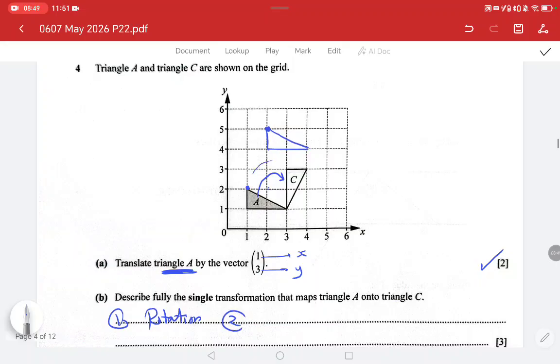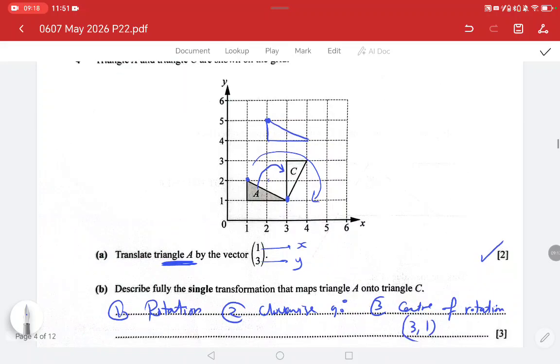Clockwise, as you see, clockwise, 90 degrees. Now we got 2 points. The third point, you have to mention the center of rotation. So to get 3 points, you have to mention that. It's very clear from this shape that the center of rotation is here at this point, like 3, 1.